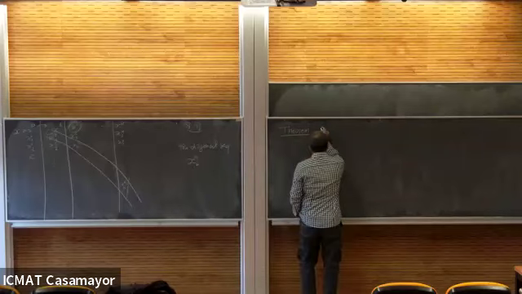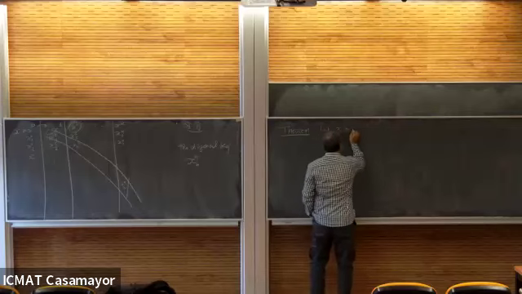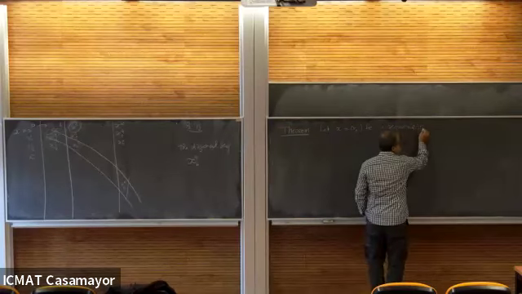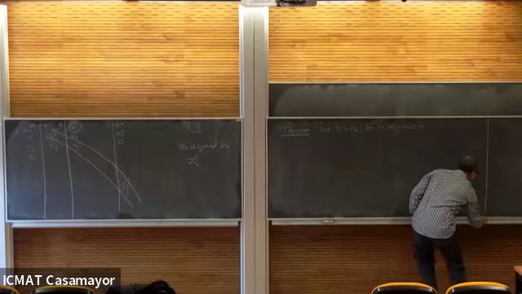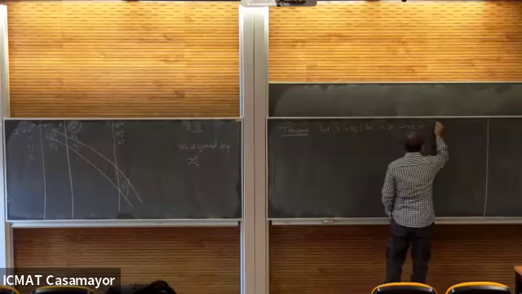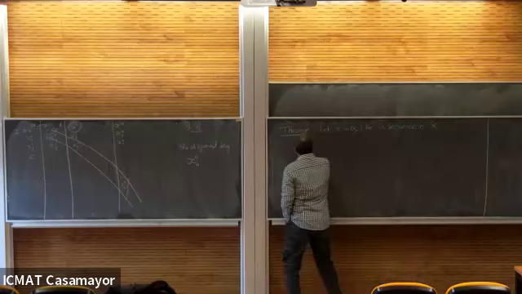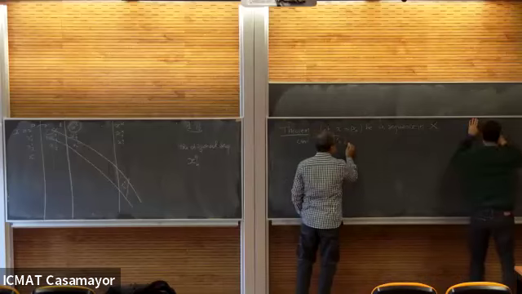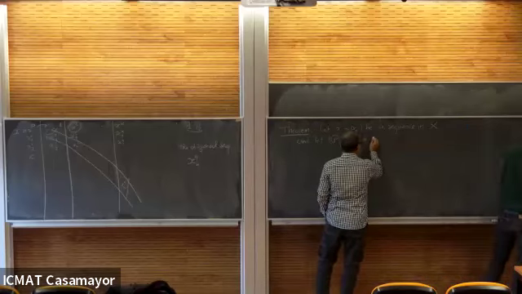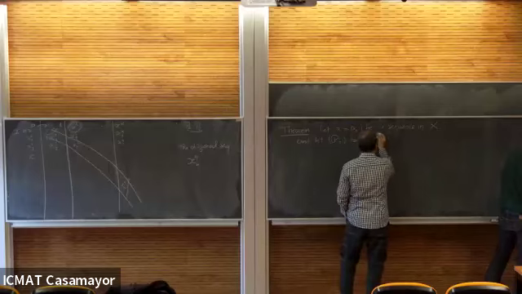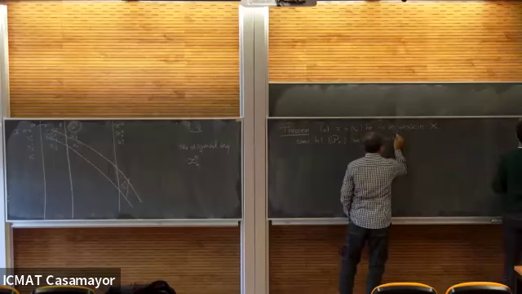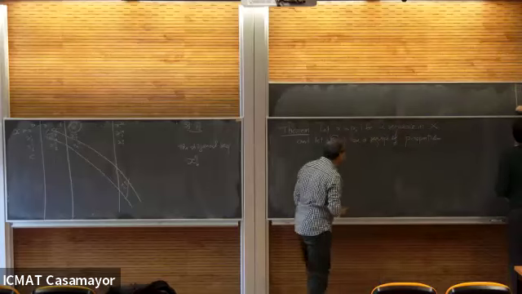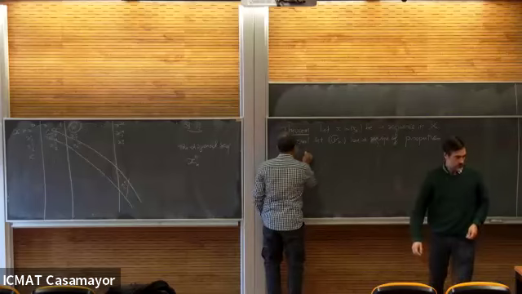So the statement is the following. Let x = (x_n) be a sequence in some space X, and let P_n be a sequence of properties. And we assume two conditions.